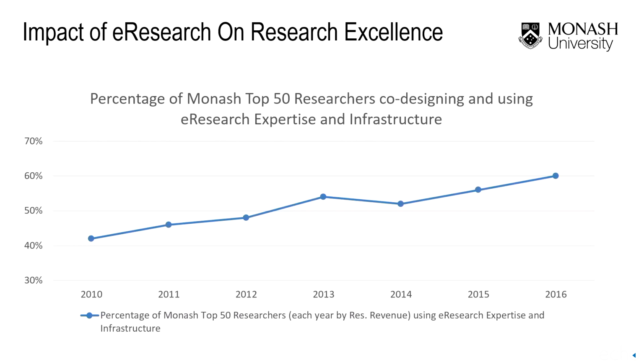So I wanted to try and illustrate how our program is actually impacting on research performance, and in particular, what does it do for the most talented researchers? Now, this is a very crude measure of who are the top researchers in the university.